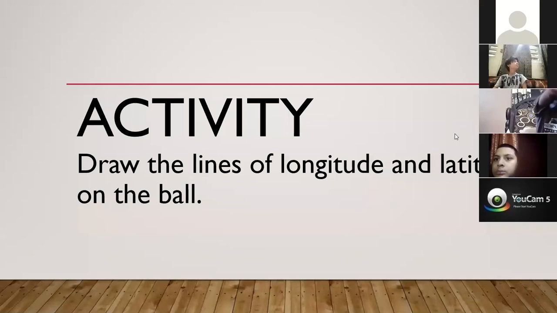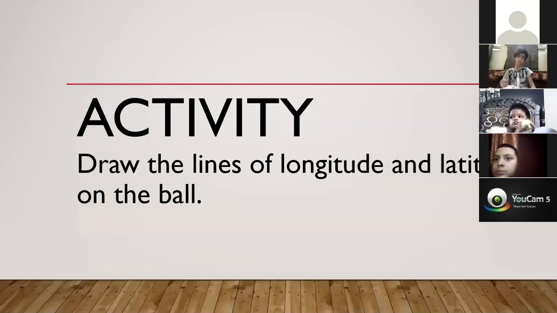Just keep it straight, like the circle, the equator line should be horizontal. You should keep the ball in front of your eyes, and the line in the middle of the ball, the equator, should be straight, horizontal to the surface, wherever you are keeping it, in your hand or on the table. Okay, done.